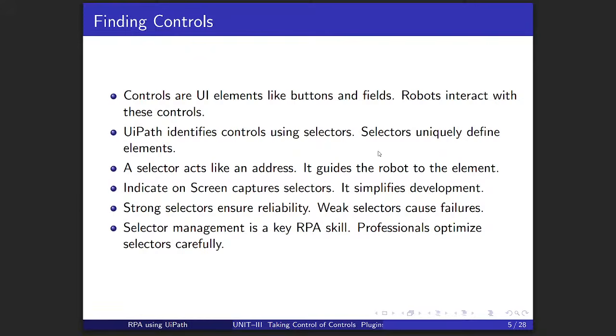For automation to succeed, the robot must identify these controls very accurately. Instead of clicking username, if it clicks password, or instead of clicking password, if it clicks username, it may create errors and cause mistakes also. If it clicks the wrong button or types in the wrong field, the process will fail, right?